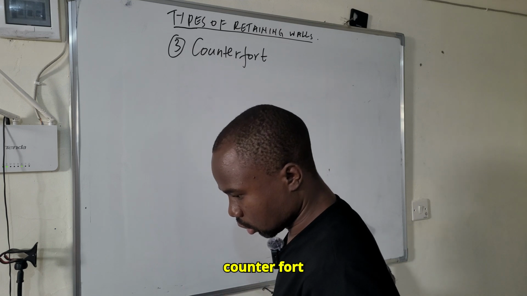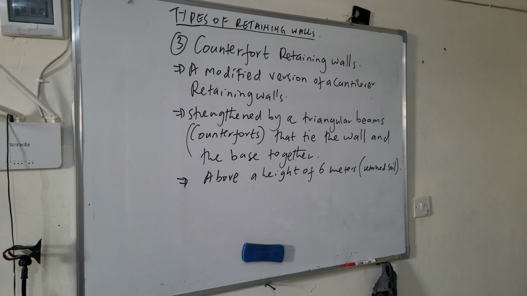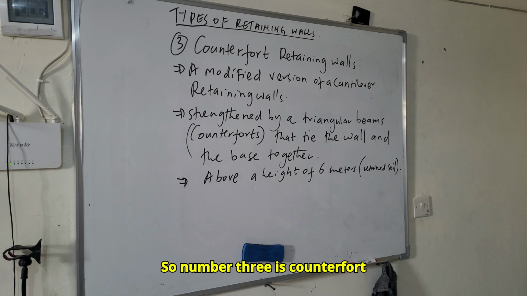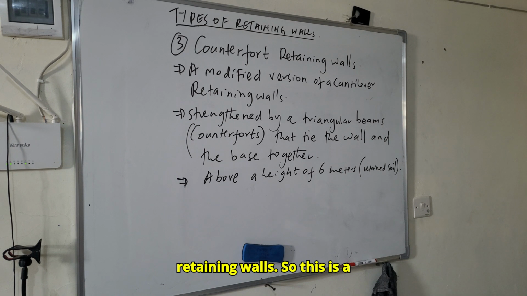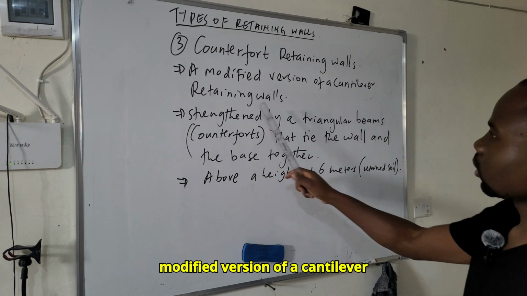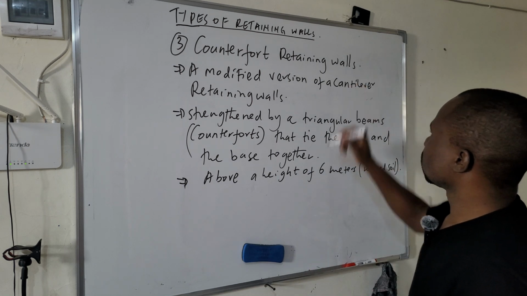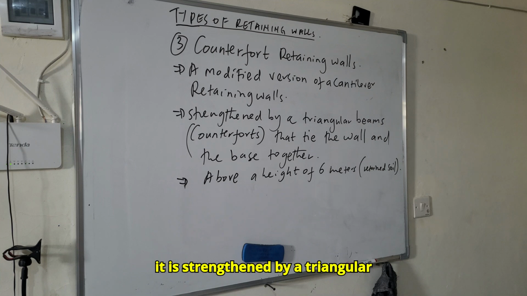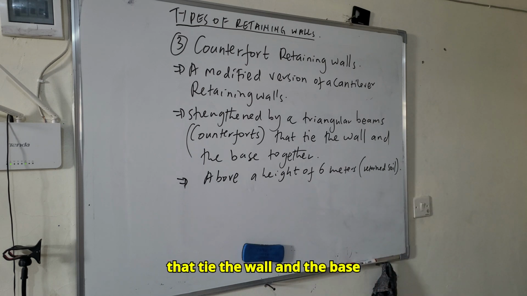This is a modified version of a cantilever retaining wall, and it is strengthened by triangular beams, which are counterforts, that tie the wall and the base together.